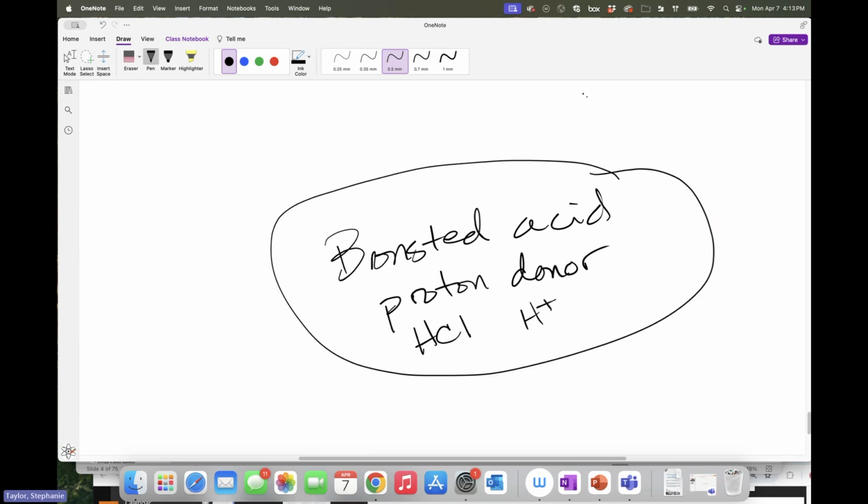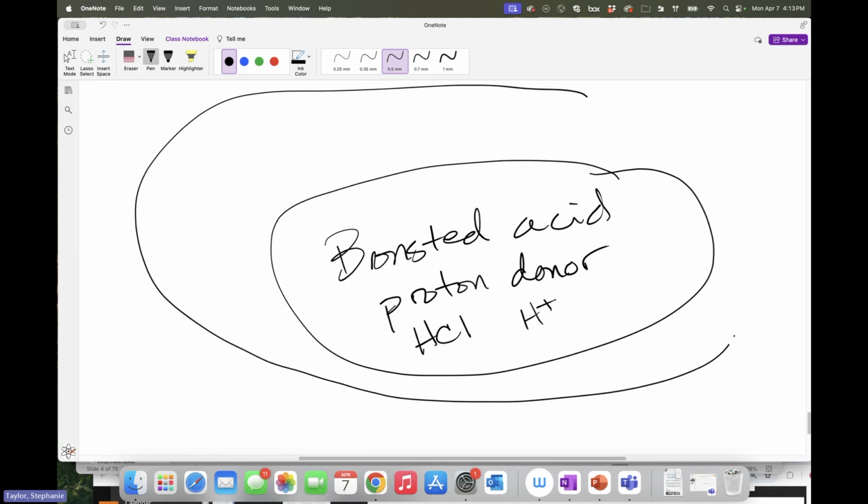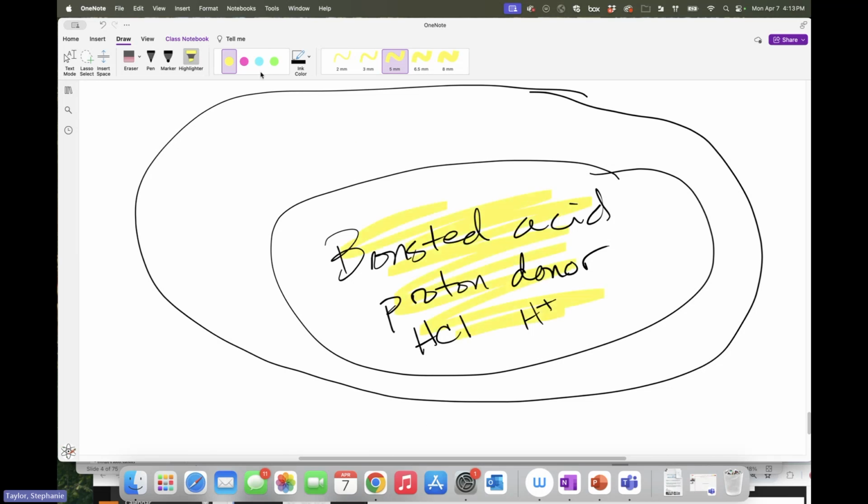When we talk about Lewis acids, we are making a broader definition. So my Bronsted acids are all Lewis acids. Every single one of my Bronsted acids is a Lewis acid. If you can identify it as a Bronsted acid, then it is a Lewis acid, period. End of story.